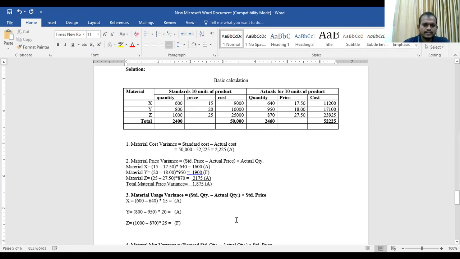Let us calculate the amounts. Material X comes around 600, material Y 3000, material Z 3250.